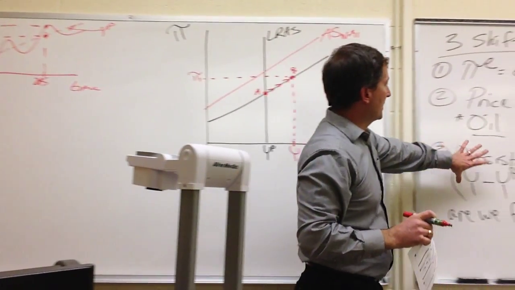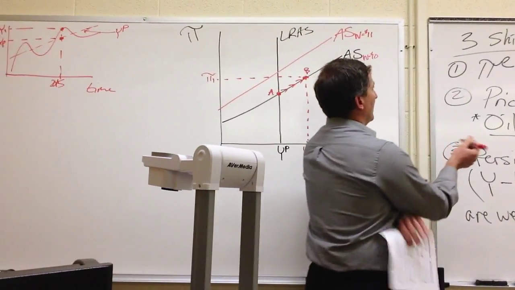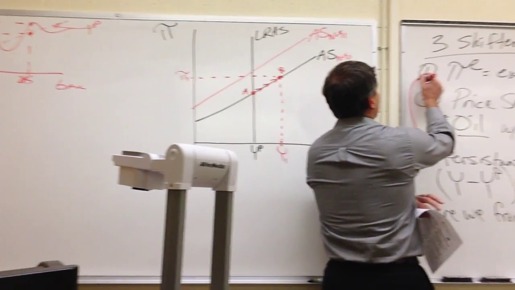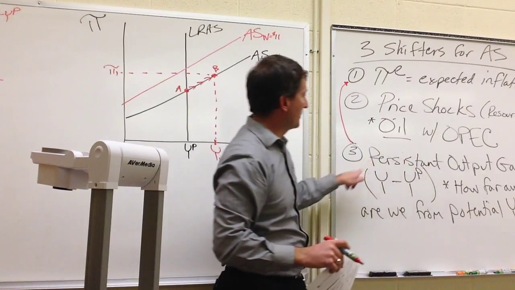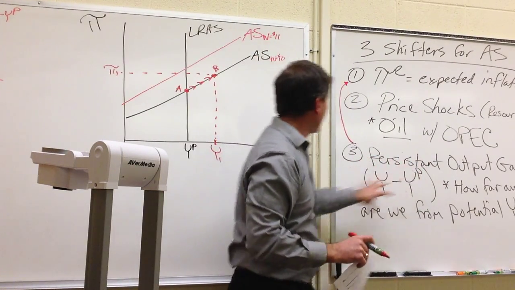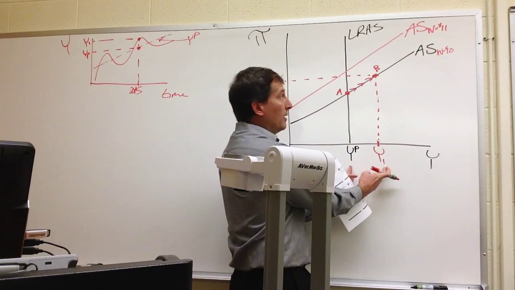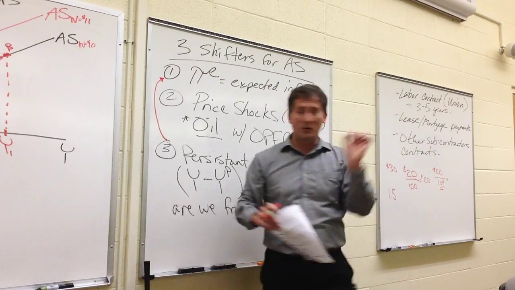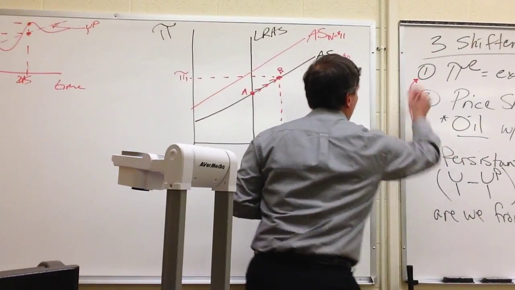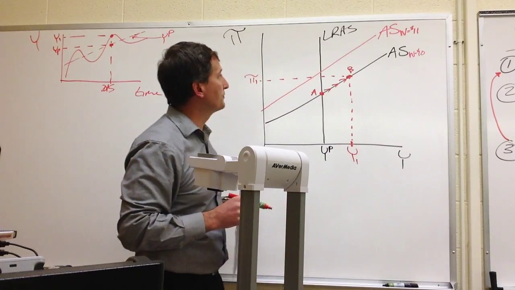So this persistent output gap ties into this one too. These two are telling a similar story: because we have an output gap, we expect inflation, and therefore we ask for higher pay.